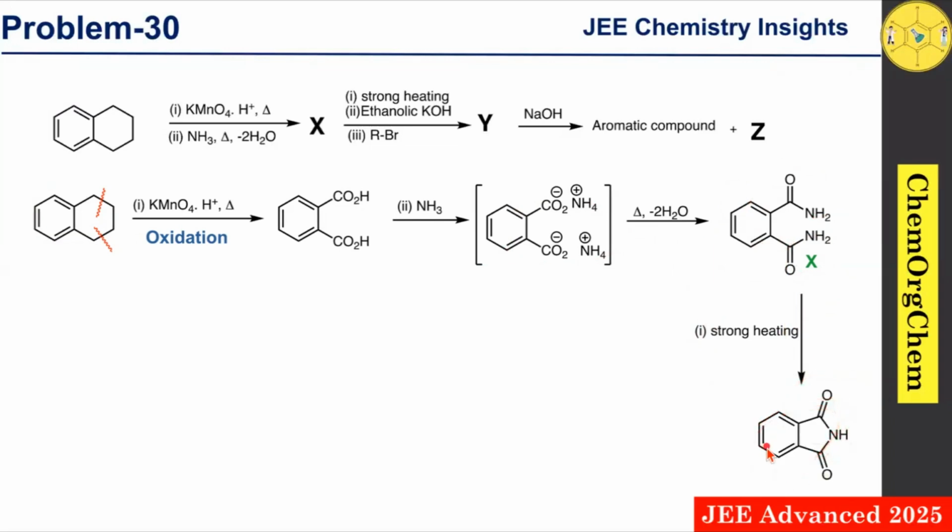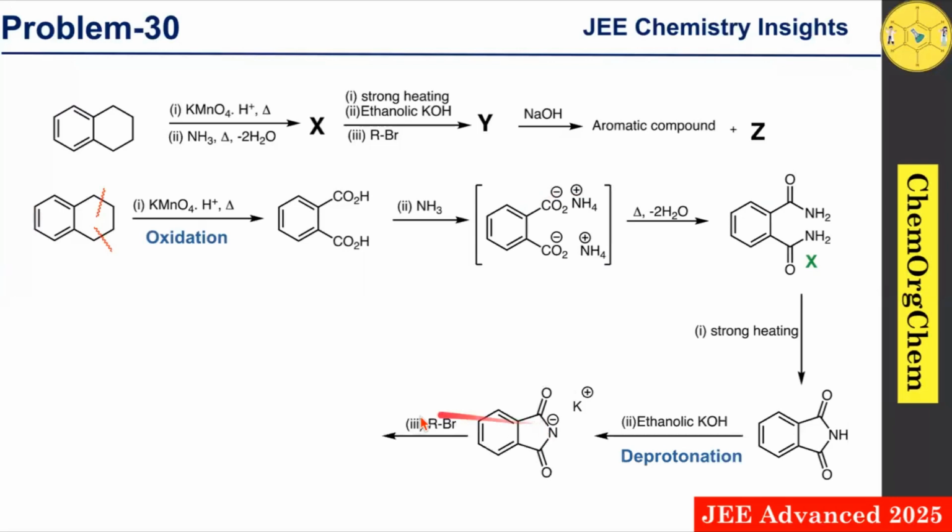Now phthalimide reacts with ethanolic potassium hydroxide. Here deprotonation takes place. Our base readily abstracts the proton from NH, which produces the respective potassium salt of phthalimide. Now this potassium salt of phthalimide reacts with alkyl bromide.